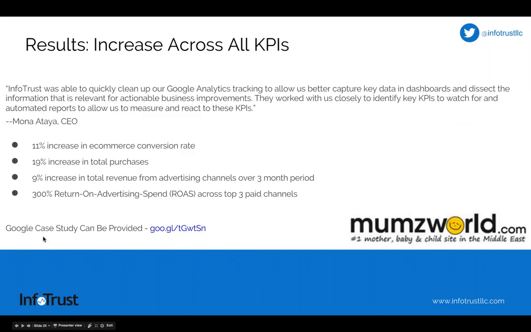We put together a Google case study that you can find online, but really the key here is that 300% return on ad spend across our top 3 paid channels is what the outcome was, because we eliminated the non-performing channels or sources of traffic that was burning spend, and only invested in those that were performing and bringing in high revenue as well as at a low cost. So the increases across the board here reflect the analysis that we could do.